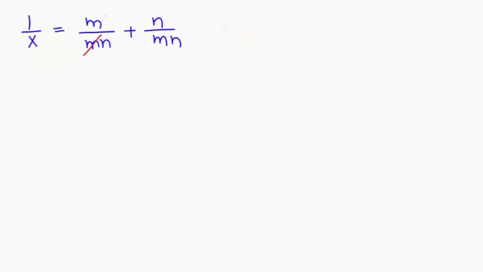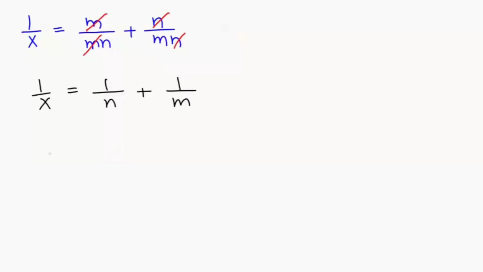Now here this and this are going to be cancelled out, and this n is going to be cancelled out. So the next expression we get is 1 over x equals 1 over n plus 1 over m. Now I am going to plug in the n and m values here.